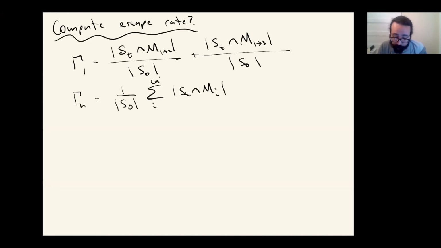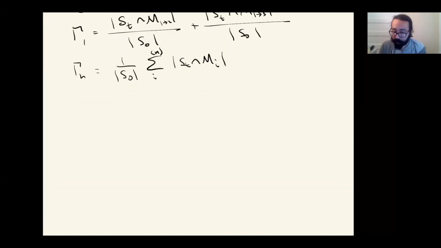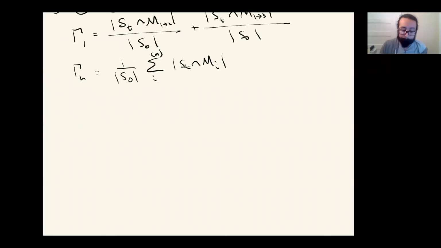Again, these are topologically distinct classes. So I have 2 to the n different strips for n bounces, and I want to compute those areas.